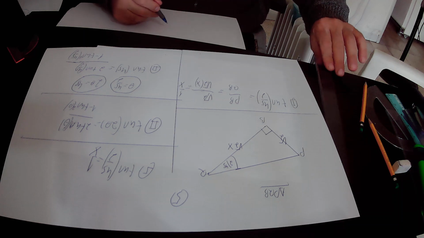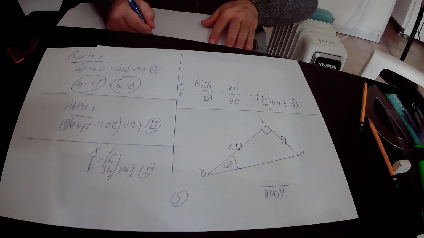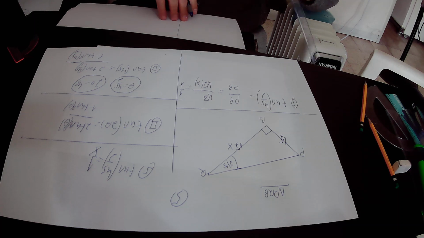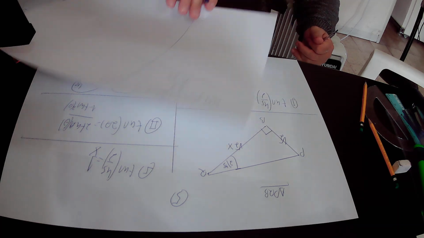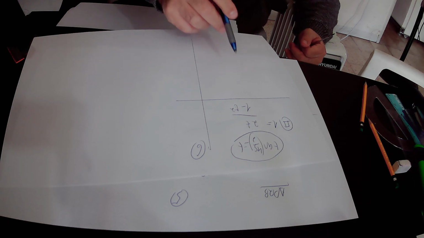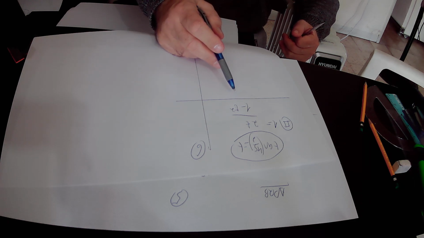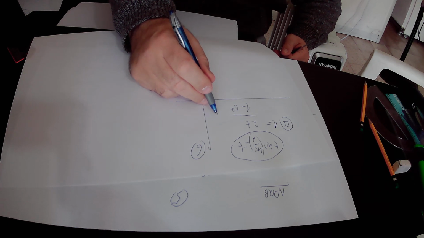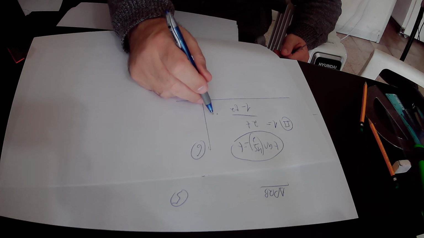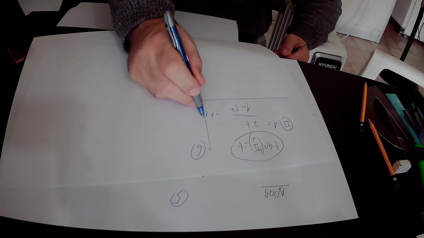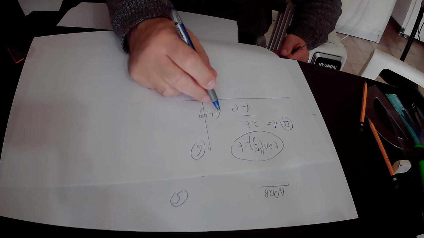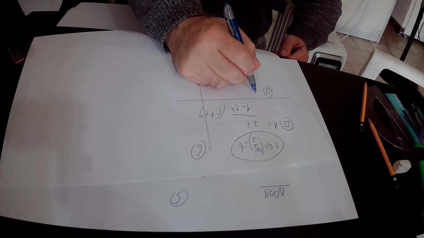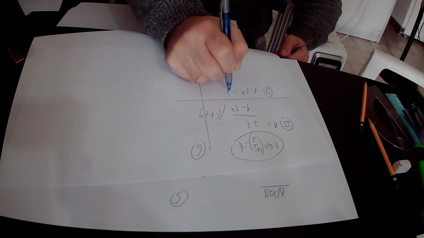So in conclusion, we found out that according to equation number 2, 1 equals to 2t over 1 minus t squared. Here we multiply this equation number 2 by 1 minus t squared, and we get that according to equation number 2, 1 minus t squared equals to 2t.